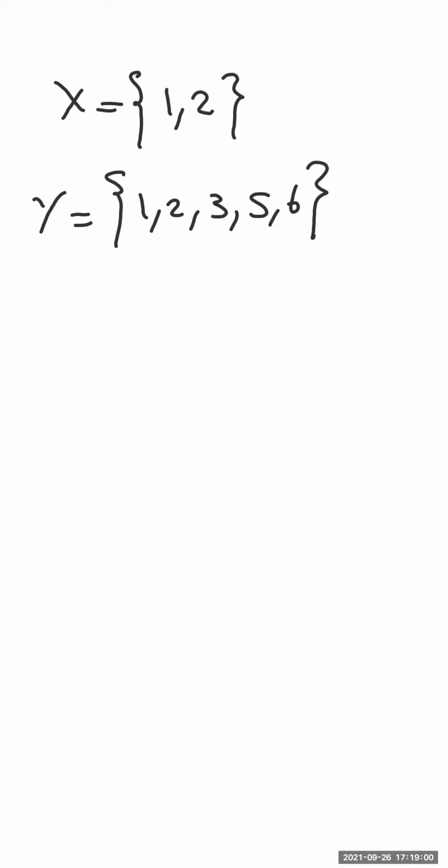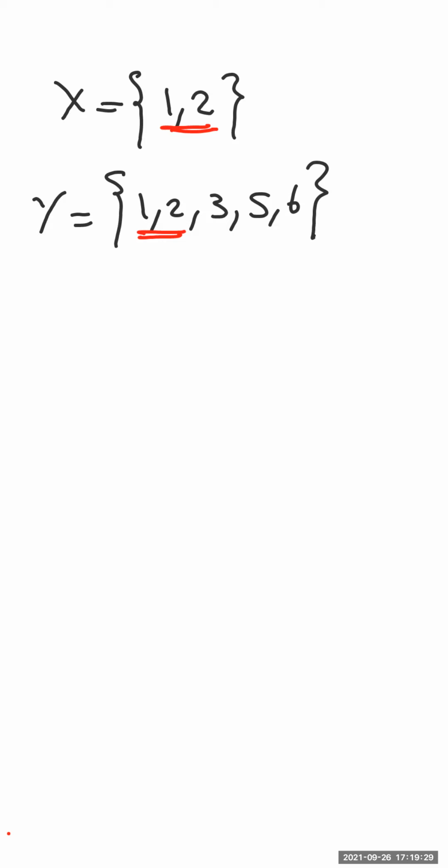Actually, guys, 1 and 2 are inside x and 1 and 2 are inside y, so there is a common area. But here, all elements of x are inside y, right? It's not a common area. So this means x is inside y, it's a part of y, or in other words, it's a subset of y.